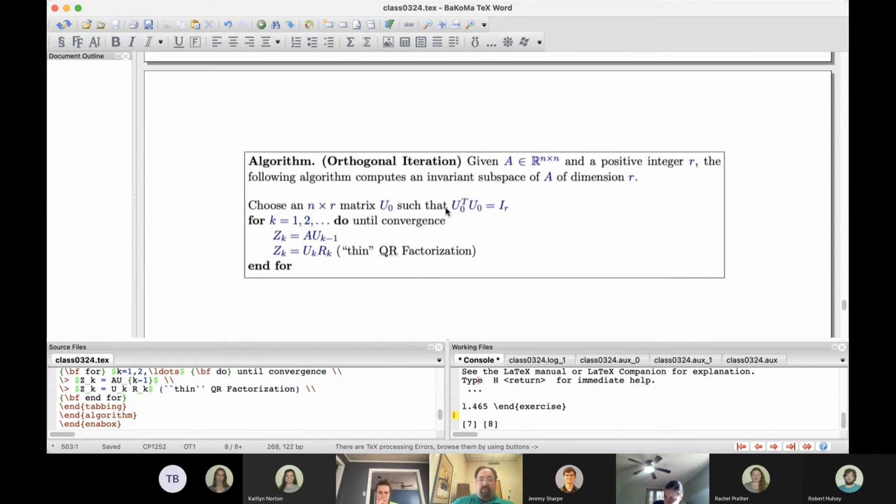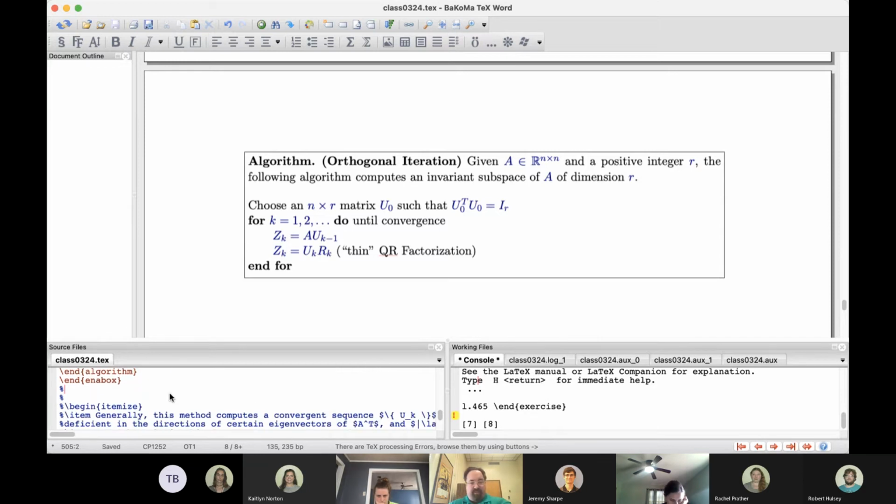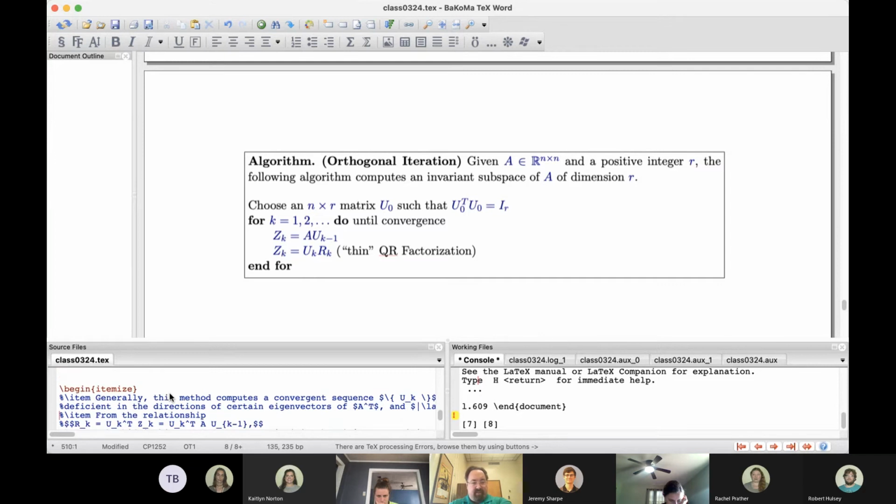All we do is come up with a matrix that has orthonormal columns, for instance, columns of the identity. You multiply that by A, and then you QR factorize it. The Q part, this matrix U_k that has R orthonormal columns, you feed to A for the next step, and you keep going until these U's hopefully converge.